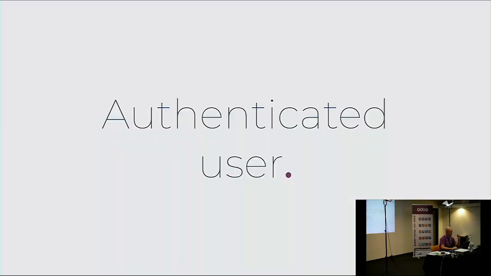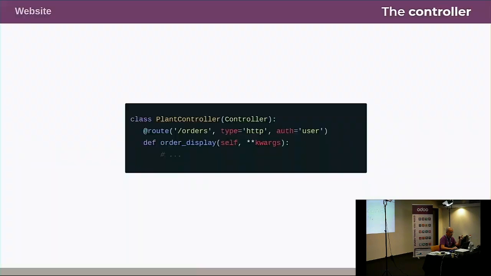You can also have authenticated users, and simply you have a key that you specify in the decorator, and if you specify that it's for user, it's going to be only for logged in users. So in Odoo, the website, we provide a way for users to automatically sign in to Odoo, and this is the way you say this is only for the authenticated users.